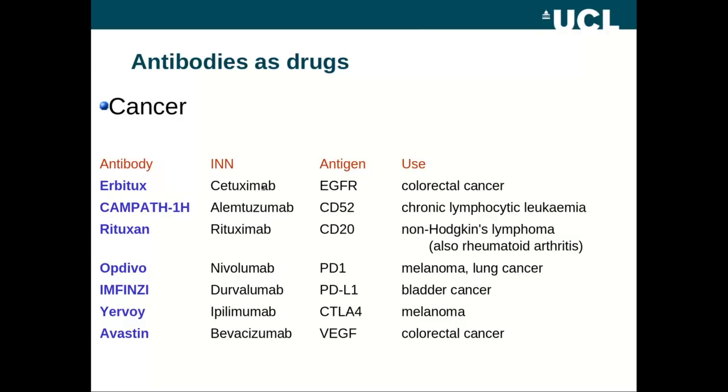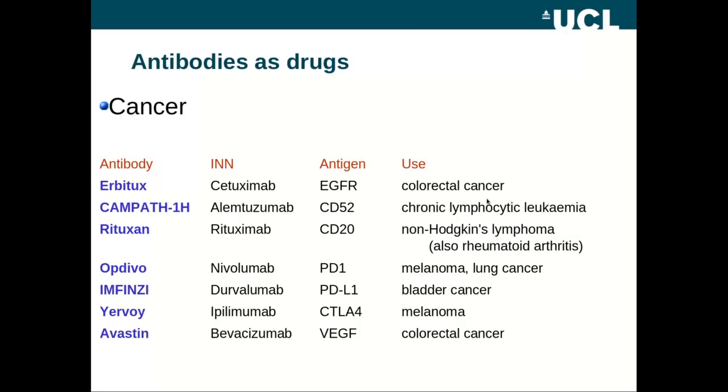If it's prescribed as cetuximab, then the pharmacist who is actually giving the medicine knows that they can give Erbitux or they can give whatever copy of the drug they like. So you can see a range of different cancers that have been targeted.